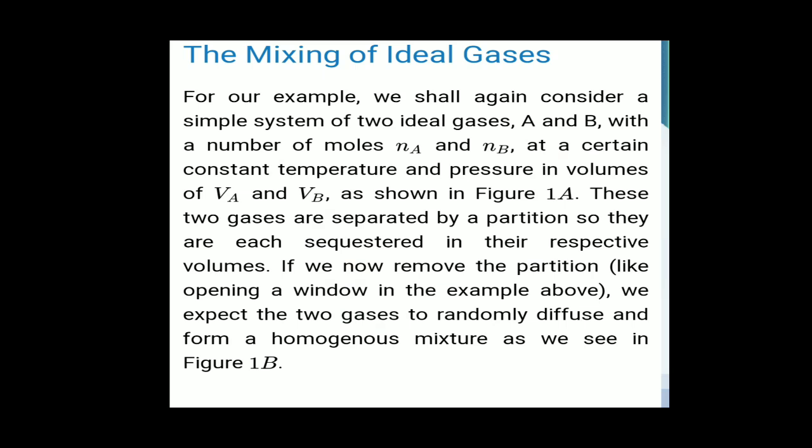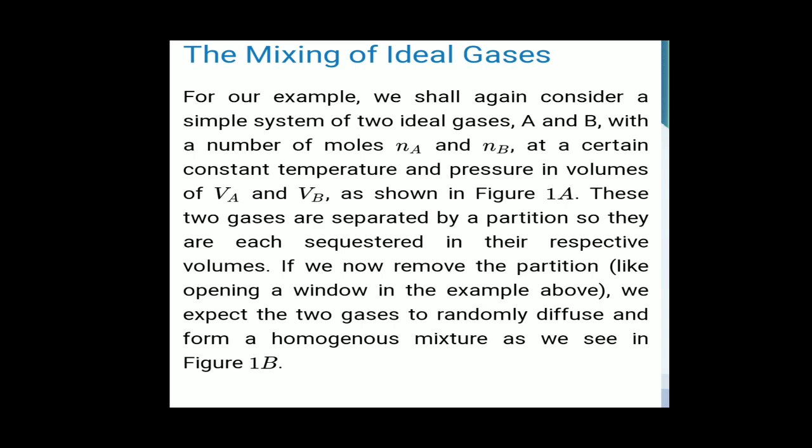For our example, we shall again consider a simple system of two ideal gases, A and B, with numbers of moles Na and Nb at a certain constant temperature and pressure, in volumes Va and Vb.